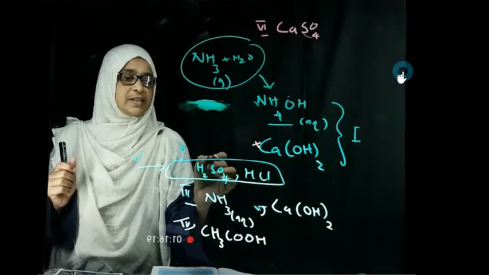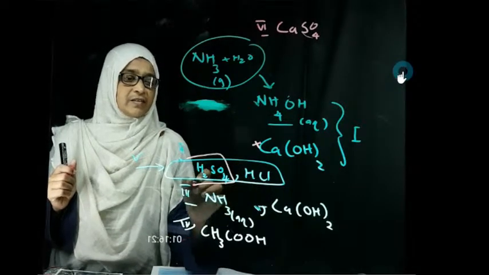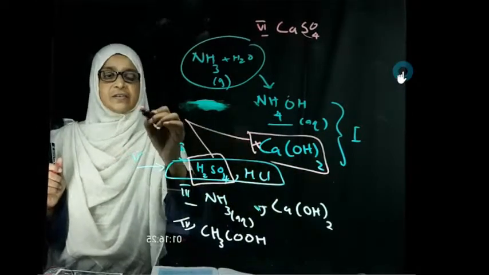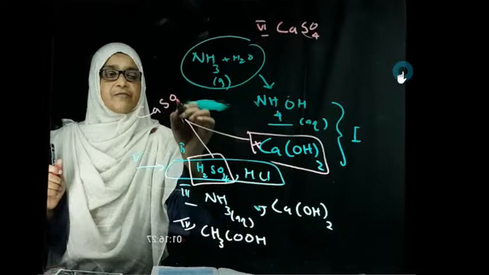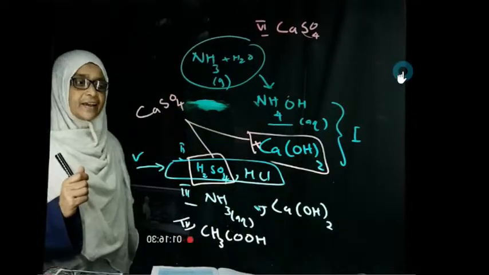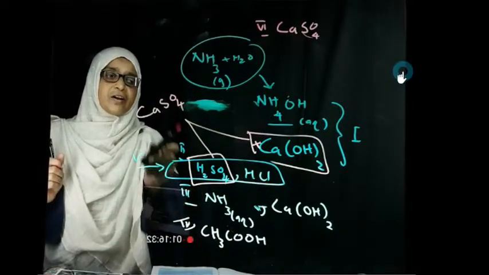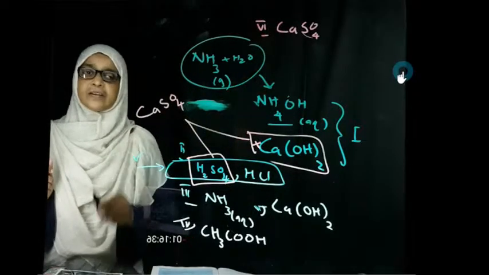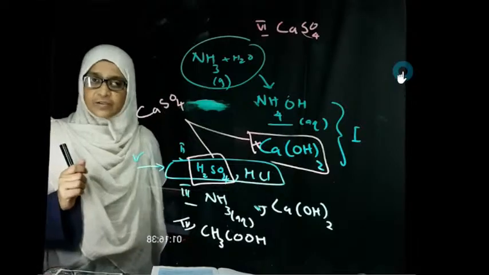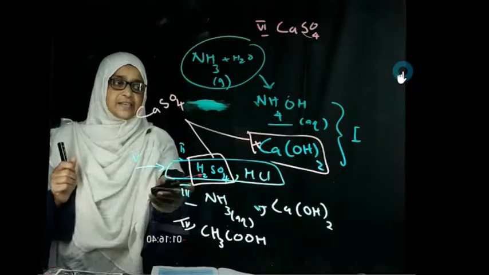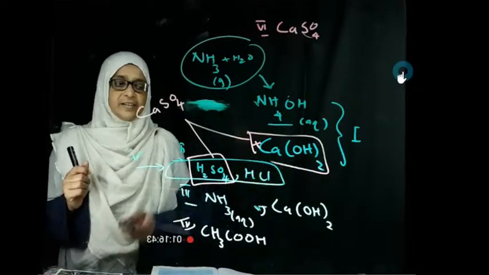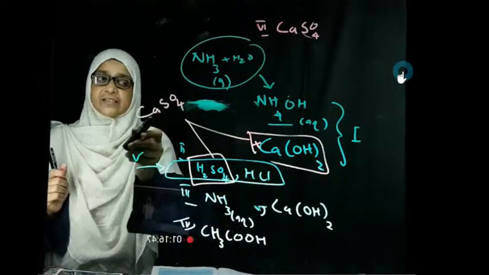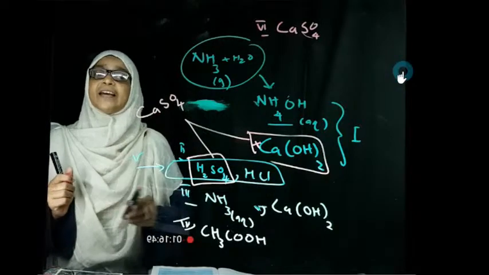So this one and this one give calcium sulphate. H2SO4 and calcium hydroxide for calcium sulphate. Is it okay? An acid and a base. Strong acid, weak base, so acidic salt.